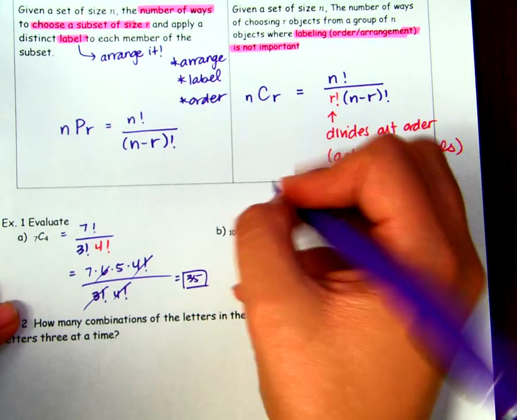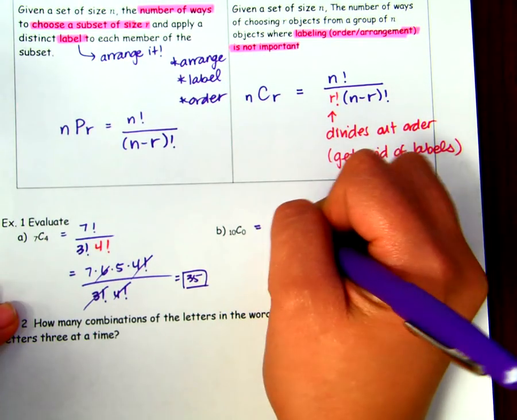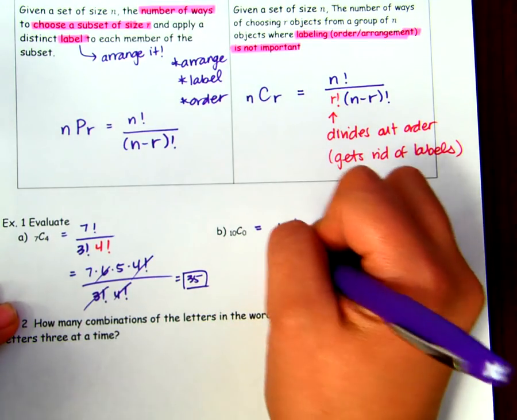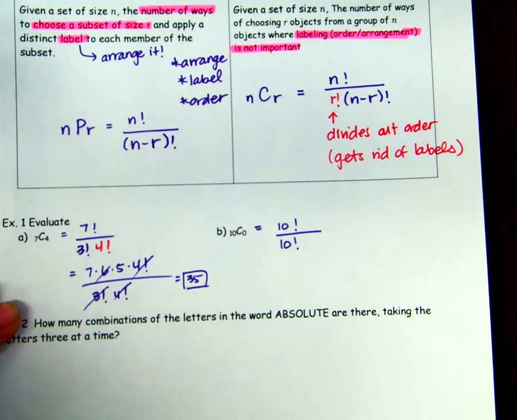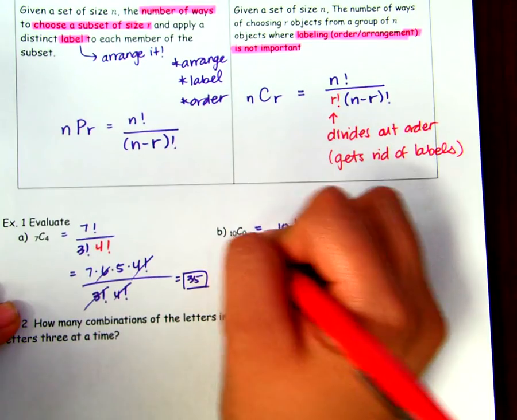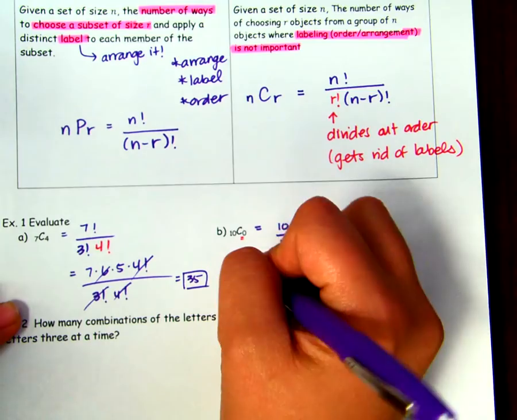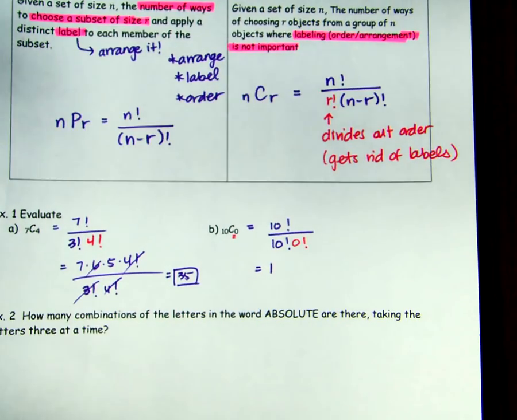When we have 10 choose 0, this would mean 10 factorial over 10 minus 0 factorial, which is 10, just like a permutation. But to make it a combination, you then have to add on that number, 0 factorial. Still, your answer is 1. And once again, you're just making groups or subgroups.